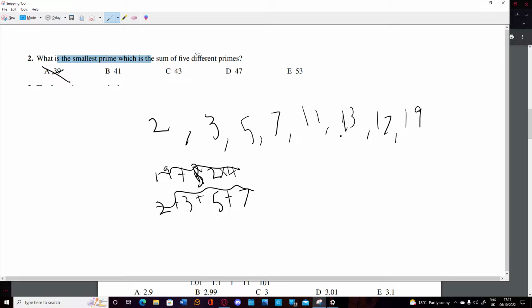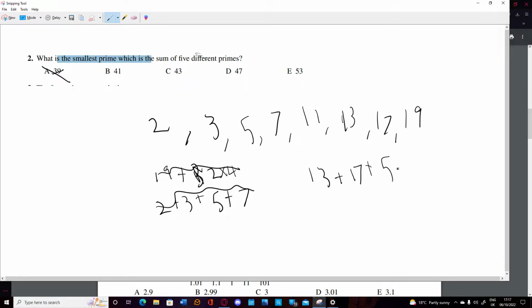So we got 27, 28. If we get 13 add 17, that is equal to 30. Then we get 3 numbers, 1, 2, 3.